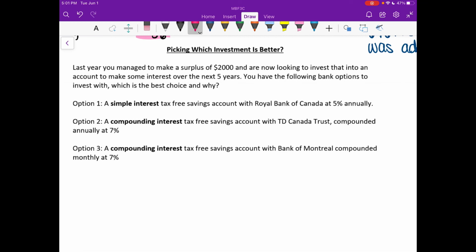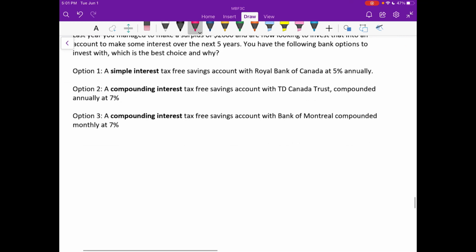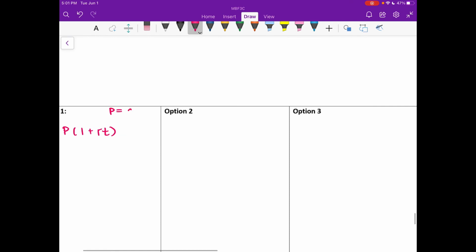So we know that our principal amount is $2,000. That's going to be the same for all of them. You're only putting in the $2,000. You just want to see which one is the best for the $2,000.